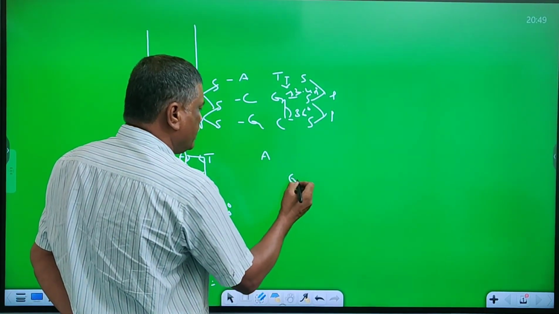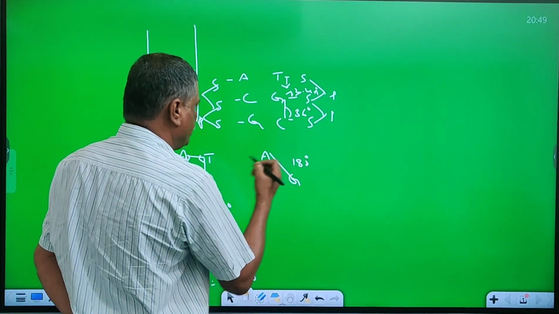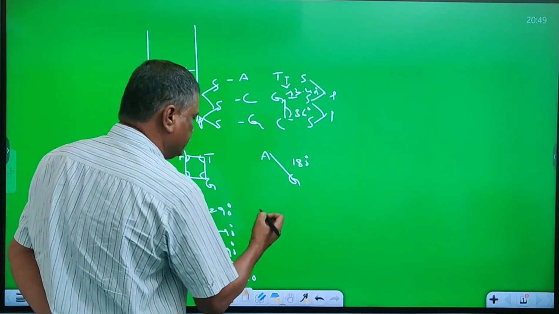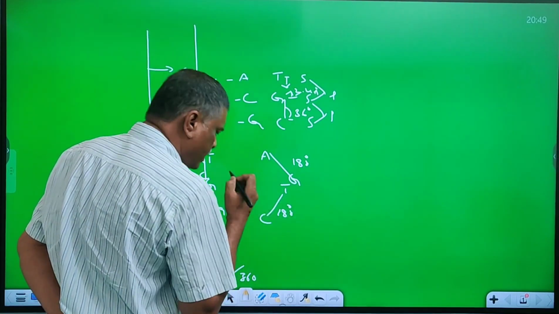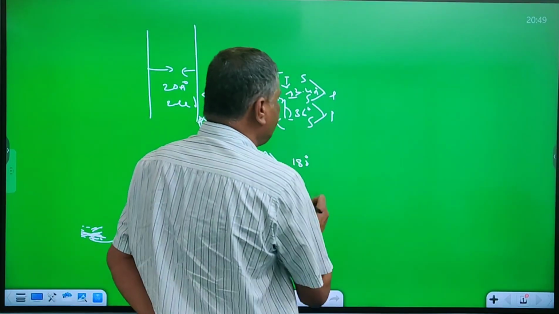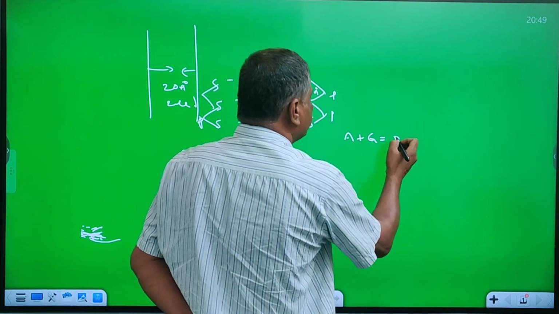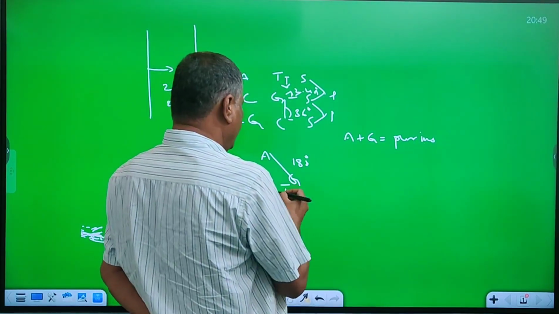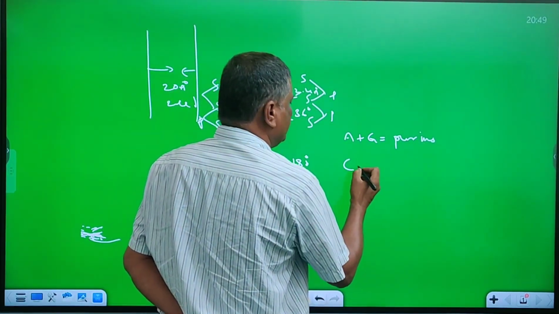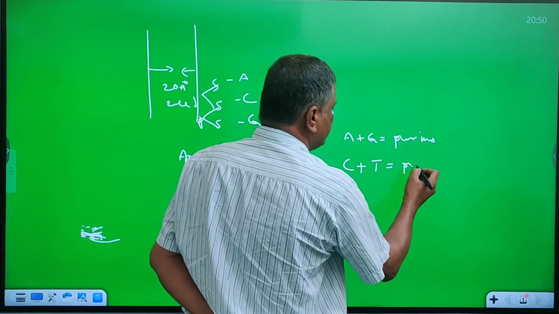Then between A and G, 180 degrees, between C and T, 180 degrees. Means what we concern here, A plus G is equal to purines, and C plus T is equal to pyrimidines.